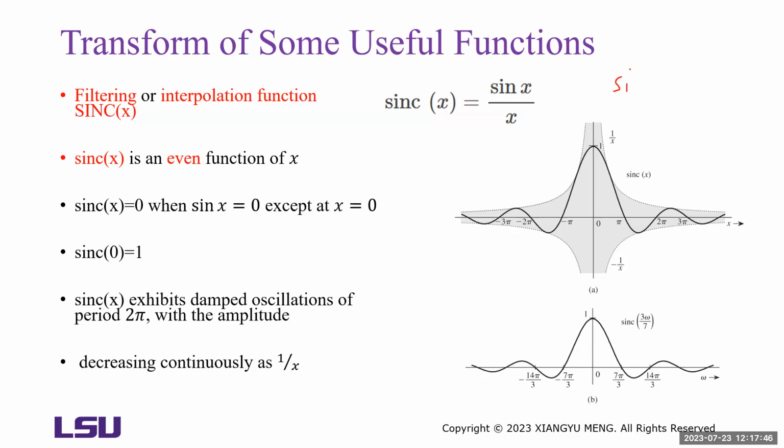We know sine x is 0 when x is n times pi, where n is a positive or negative integer.